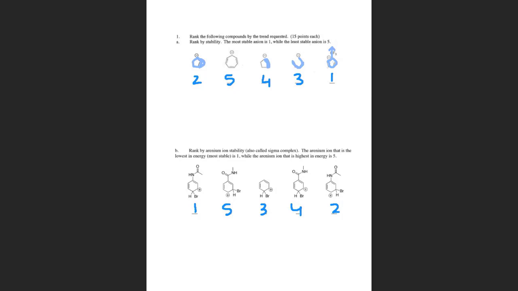So for 1 and 4, what kind of group do we have attached? Is it an activator or a deactivator? No, sorry, not 1 and 4, 1 and 2. Activator, electron withdrawing group.